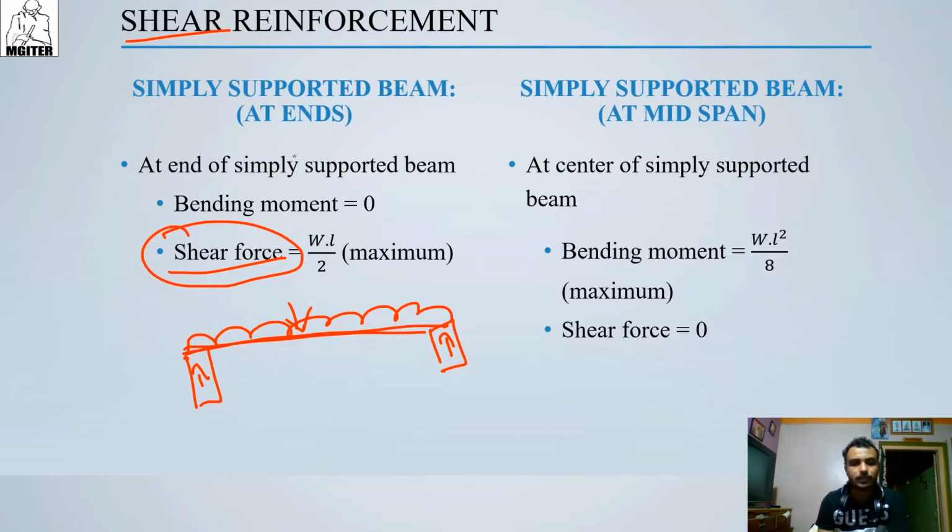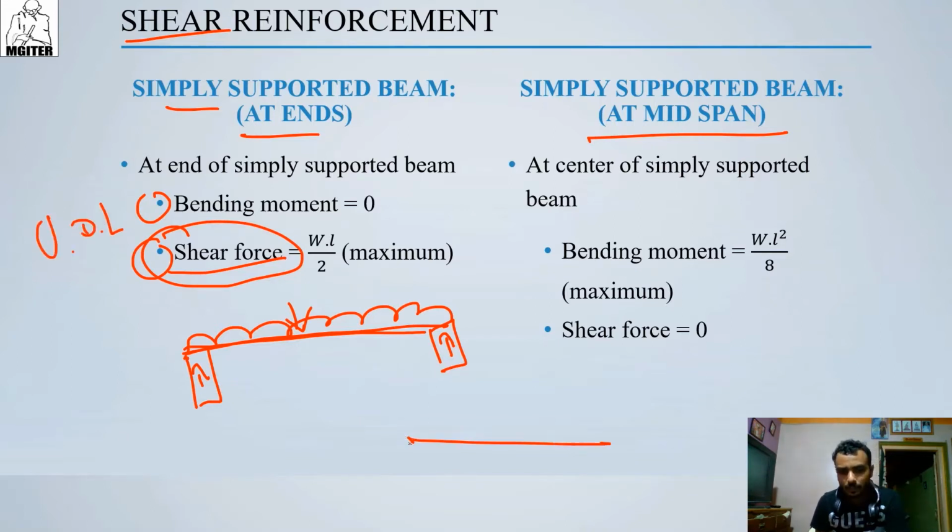Here are two conditions. The first is a simply supported beam, and the second is also a simply supported beam, but here we look at the ends and at mid span: the bending moment and shear force at the end for a UDL load. If you assume this is your UDL load, the reaction at the end is WL by 2, but the bending moment is 0 at the end.